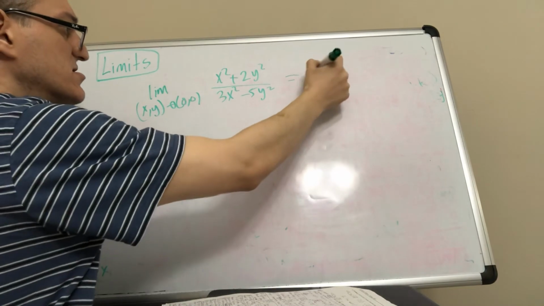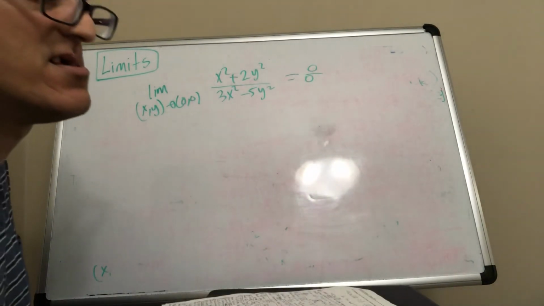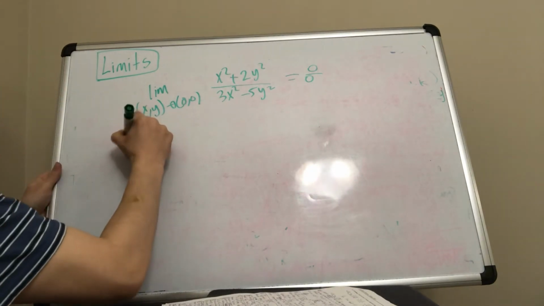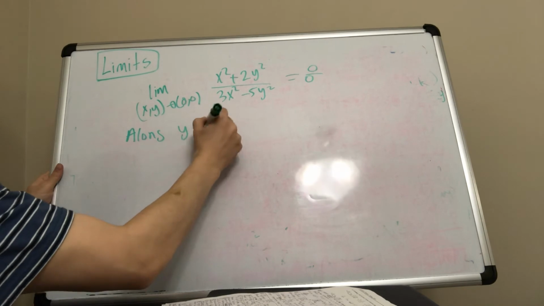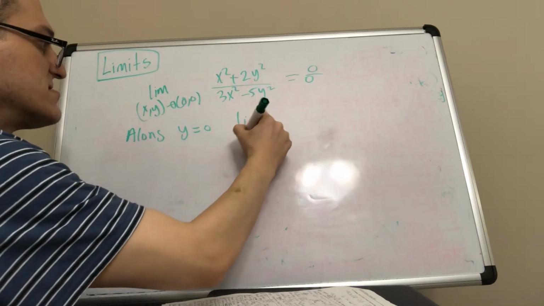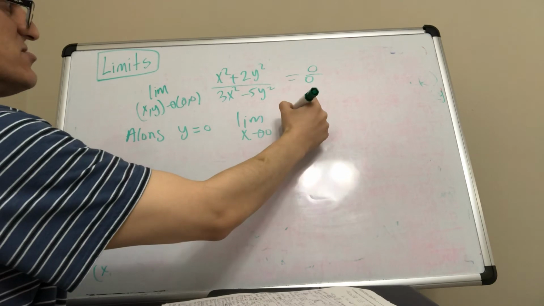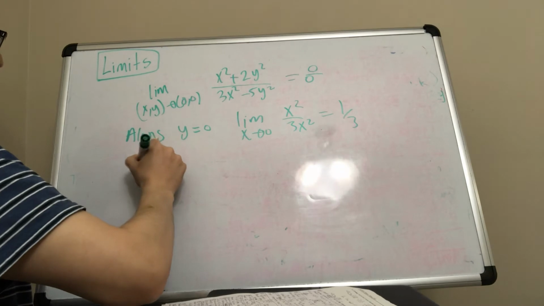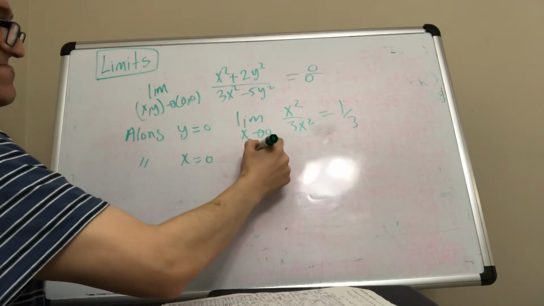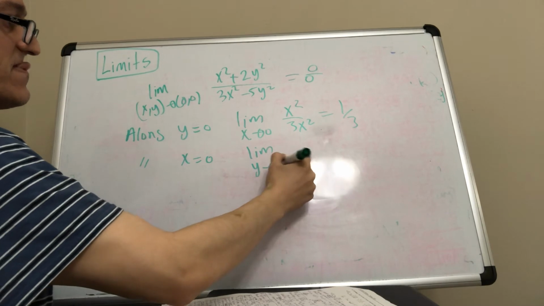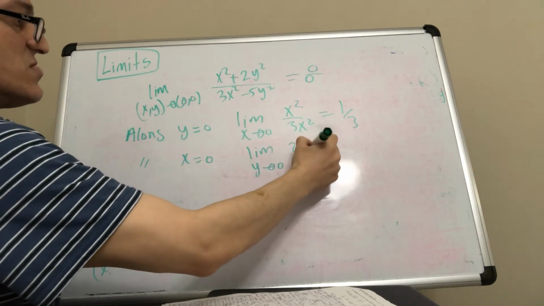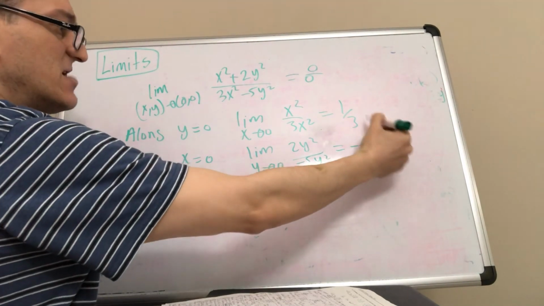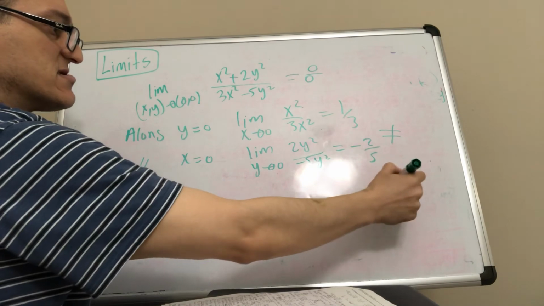You put the 0, 0, we get 0 over 0. So we can do along straight lines. If you do it along y equals 0, so limit x goes to 0, cancel the y, so it would be x squared over 3x squared, that's 1/3. If you do it along x equals 0, so it's 2y squared over negative 5y squared, negative 2 over 5. Obviously, two different answers, does not exist.